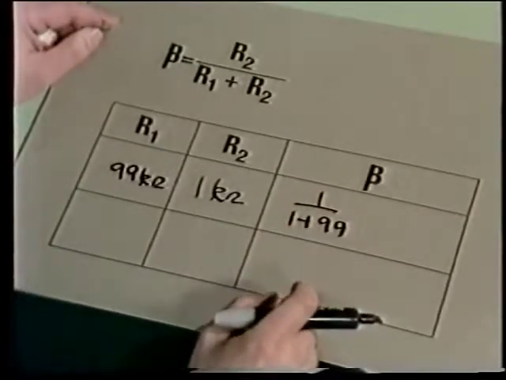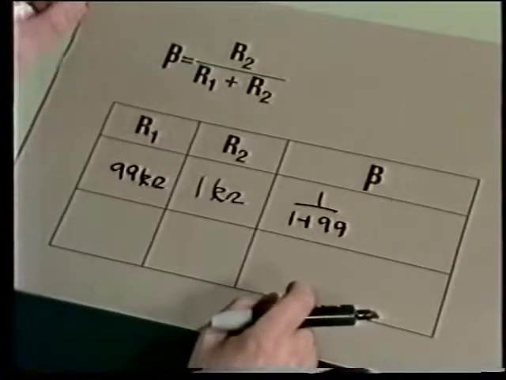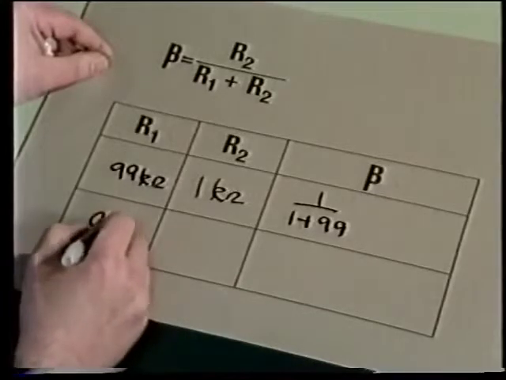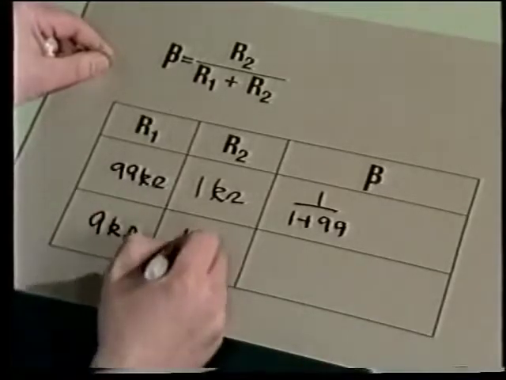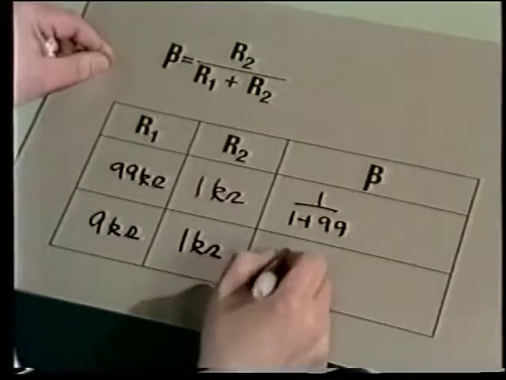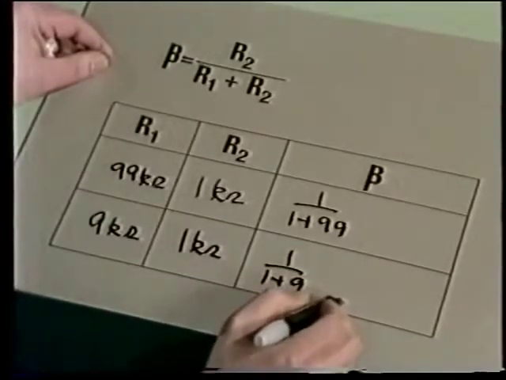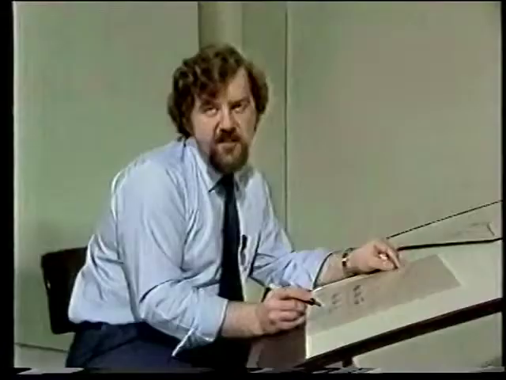That's 1/100th, and the gain was about 100. That's 1 over beta. With R1 equal to 9 kilo ohms, and R2 1 kilo ohm, beta is equal to 1 over 1 plus 9. That's 1/10, and the gain was about 10. That fits in with the unit.